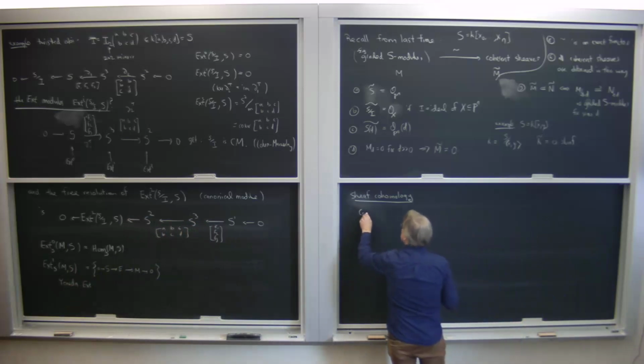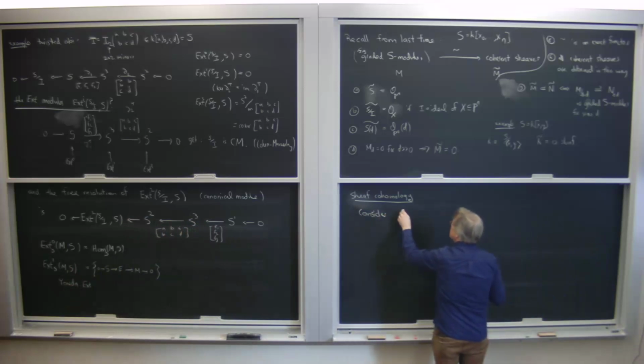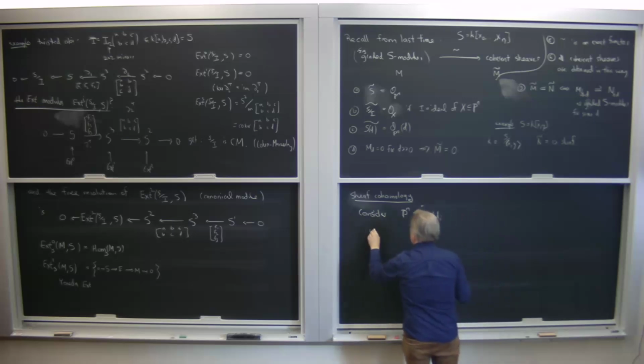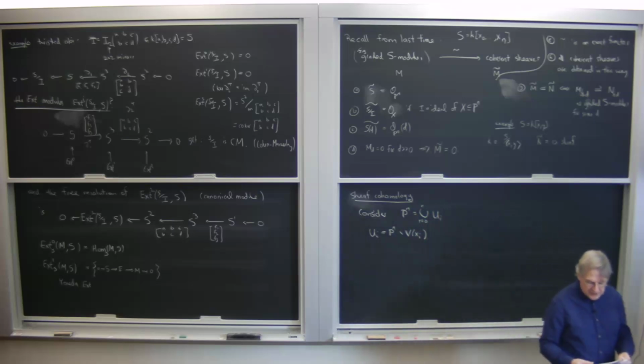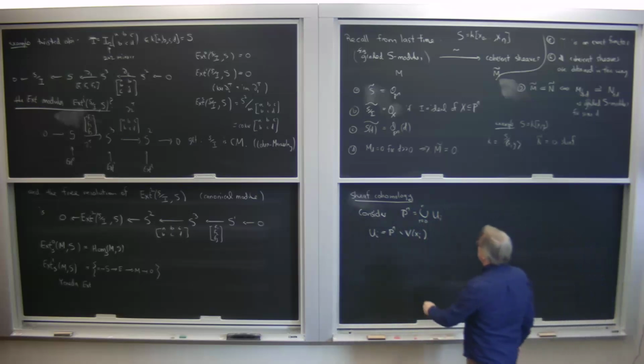So we're going to consider for Pn that Pn is the union for i equals 0 to n of U_i, where U_i is equal to Pn minus the zero set of x_i. So it's just where the ith coordinate is non-zero, and this is the standard open cover.